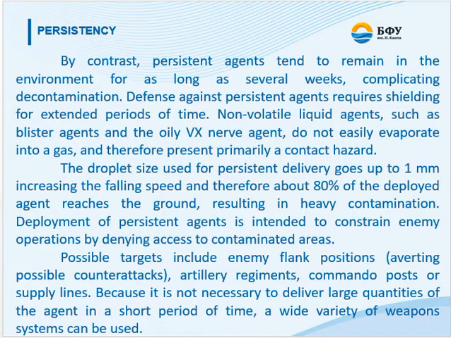The droplet size used for persistent delivery grows up to 1 millimeter, increasing the falling speed, and therefore about 18% of the deployed agent reaches the ground, resulting in heavy contamination. Deployment of persistent agents is intended to constrain enemy operations by denying access to contaminated areas.